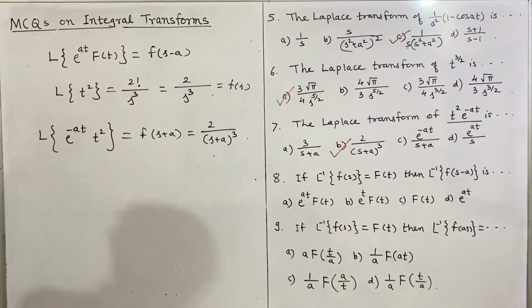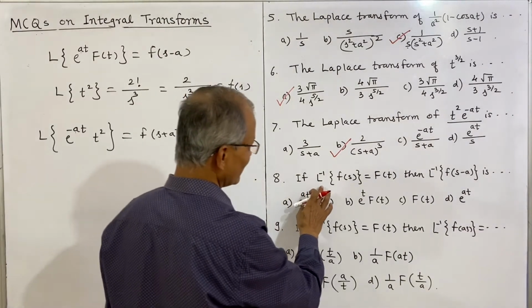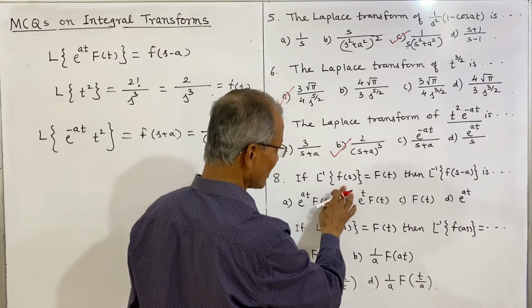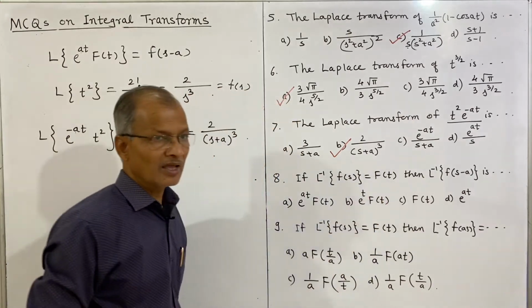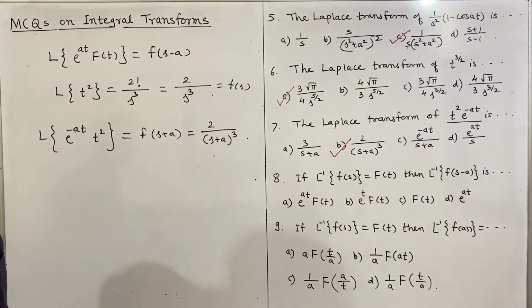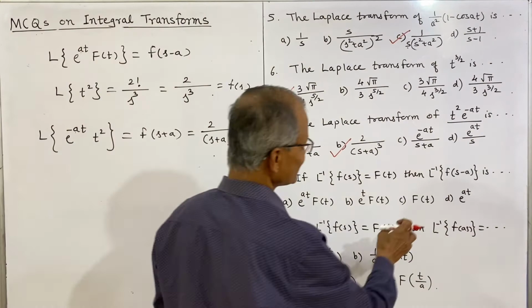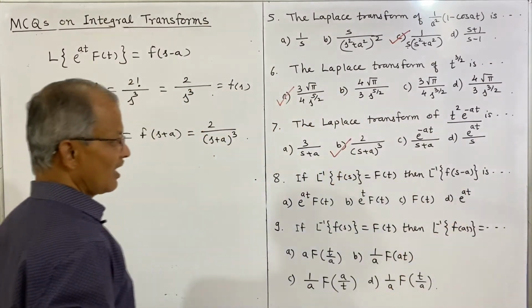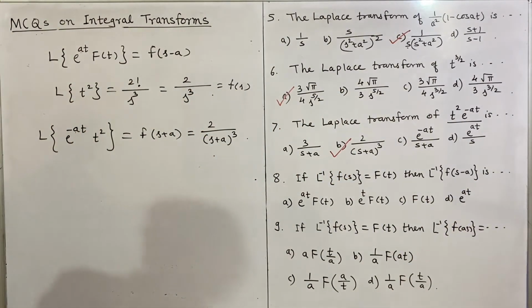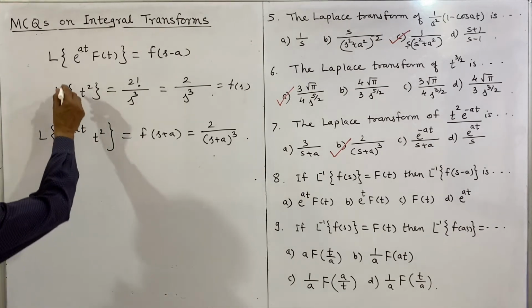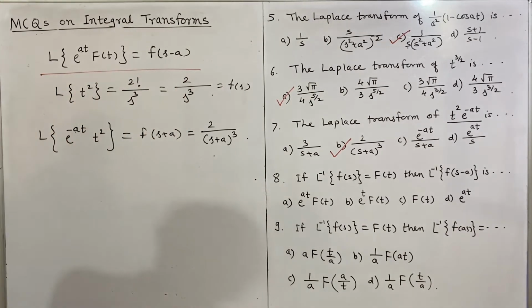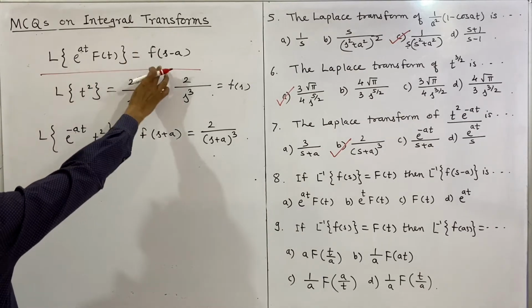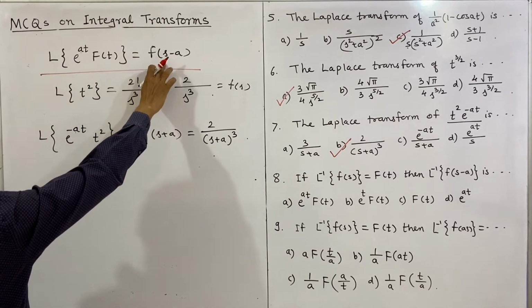Next, if the inverse Laplace transform of small f of s is denoted by capital F of t, then what is L inverse of f of s minus a? This is actually a theorem, the first shifting theorem of inverse Laplace transform, which depends exactly on this. If you take L on this side, it will be L inverse of f of s minus a.